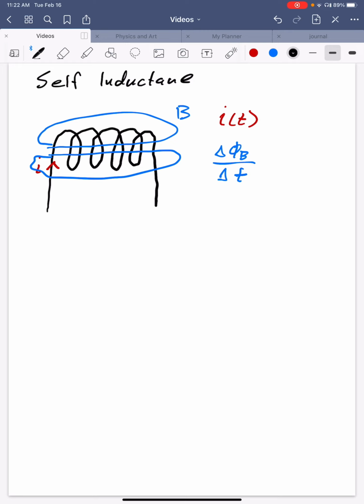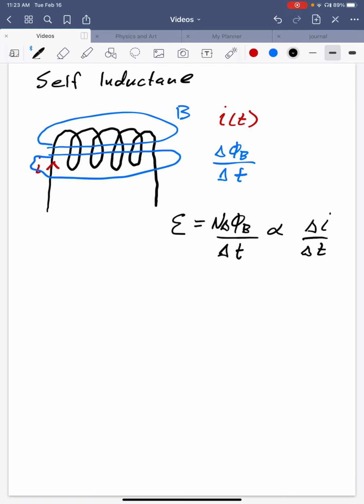And that leads me to the idea that the EMF here is going to be equal to N delta phi b over delta t. And that's going to be proportional to delta I over delta t.